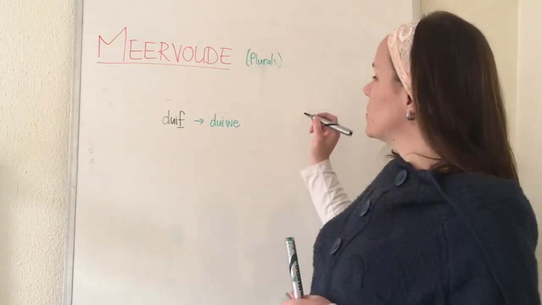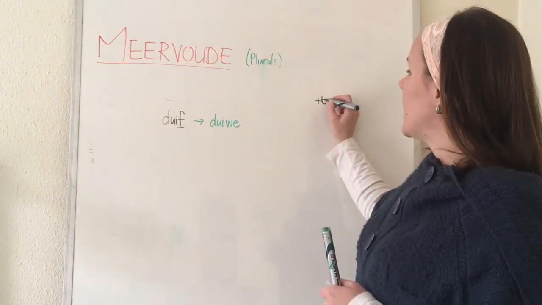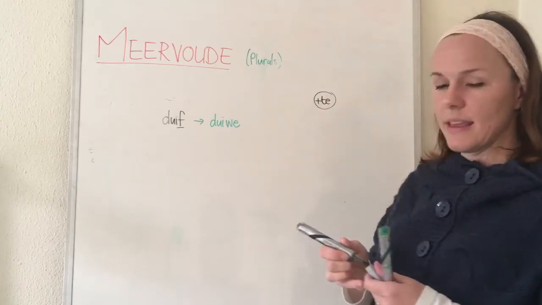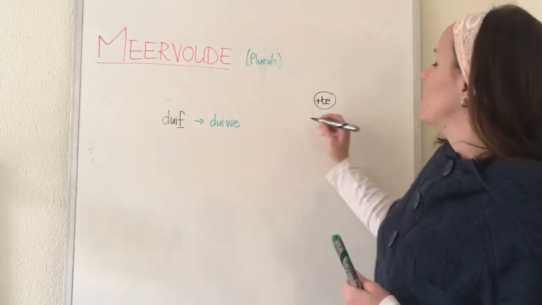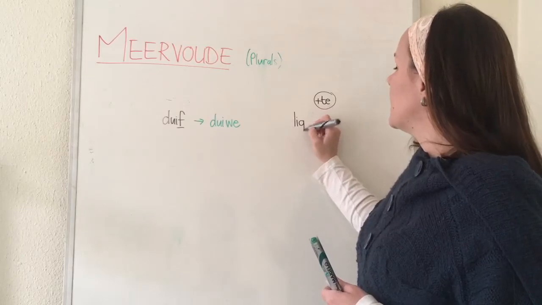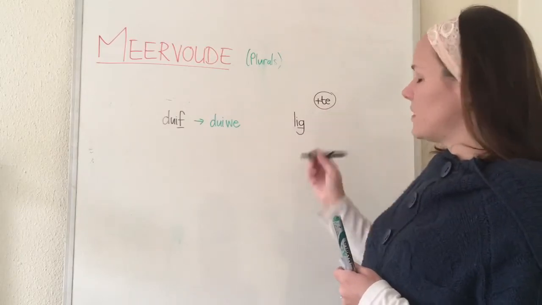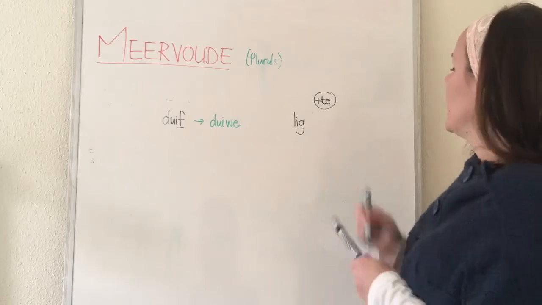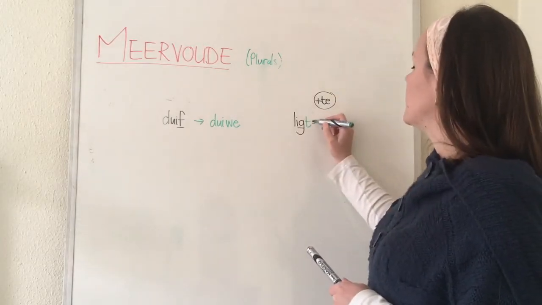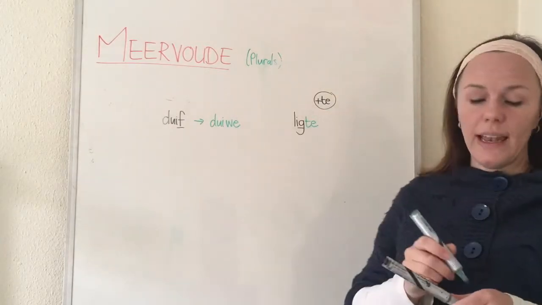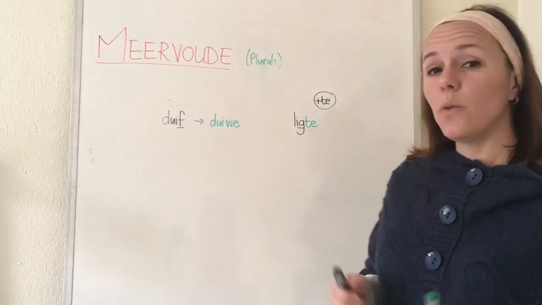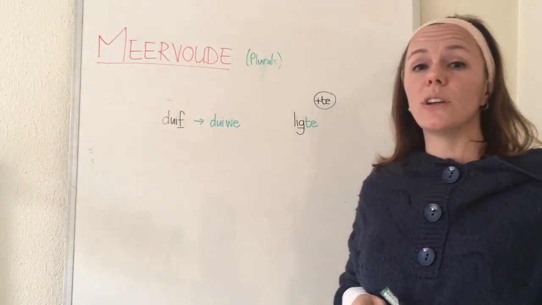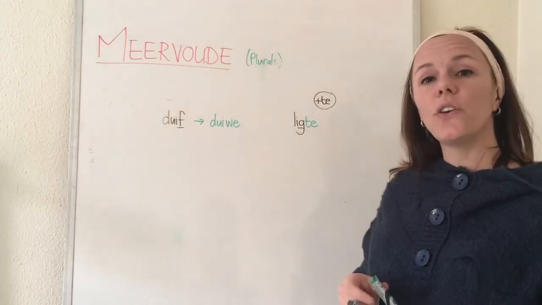Okay, then we also have a rule where we're going to add te at the end, and that will be words like lig that ends with ig will become ligte instead of ligge. So you need to be aware of all the different rules, guys, because you can easily get confused.